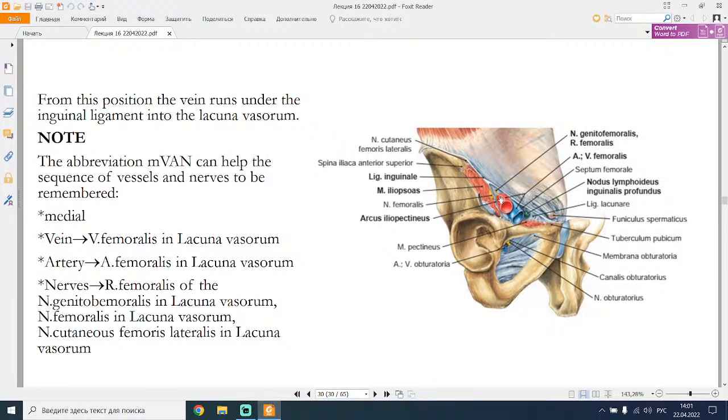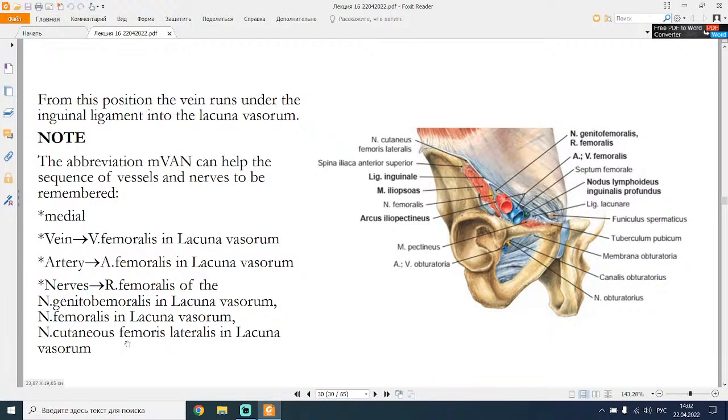Next, arteria femoralis in lacuna vasorum, and nerves. Ramus femoralis of the nervus genitofemoralis, nerve femoralis, and nerve cutaneus femoris lateralis.